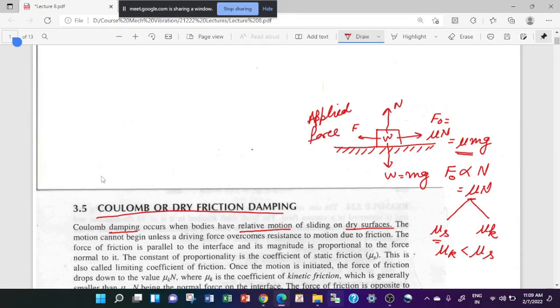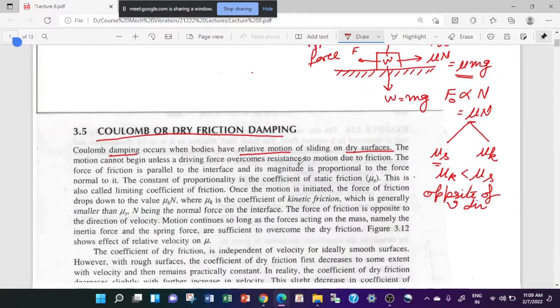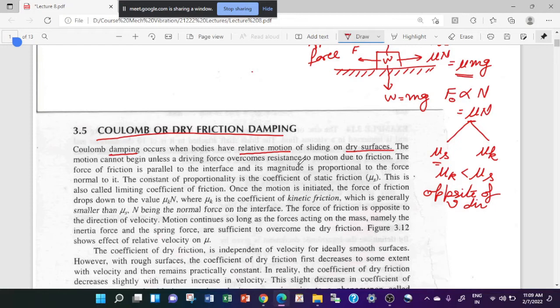And this frictional force, F naught, will be opposing the motion, or it will act in the direction opposite to the velocity. So because of this frictional force acting between the two sliding bodies on some dry surface, you will get some damping in the system.